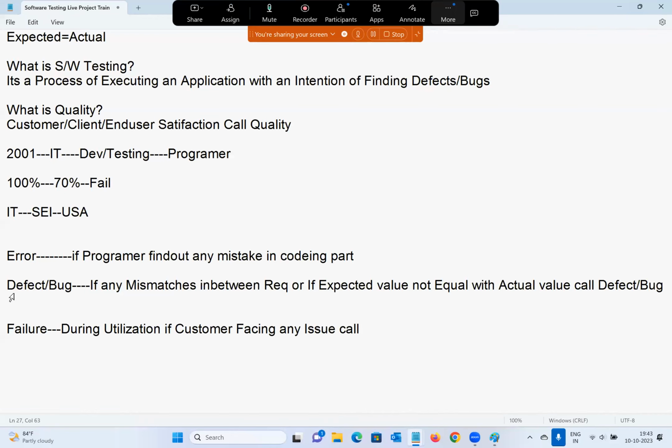Once again, guys, if the programmer finds any mistake in the coding part, it is called an error. If expected value is not equal to actual value, it is called a defect and bug. And failure: during utilization, if the customer faces any issue, it is called failure. Everyone clear?